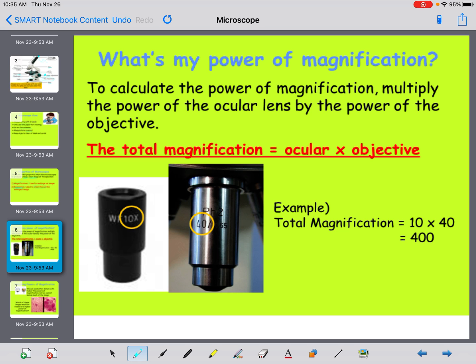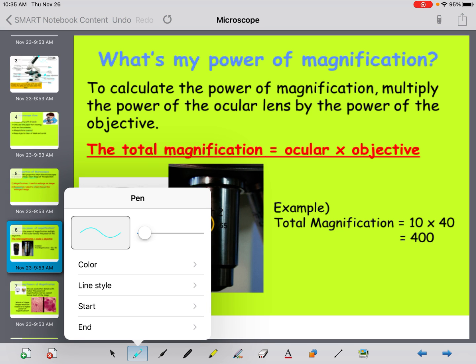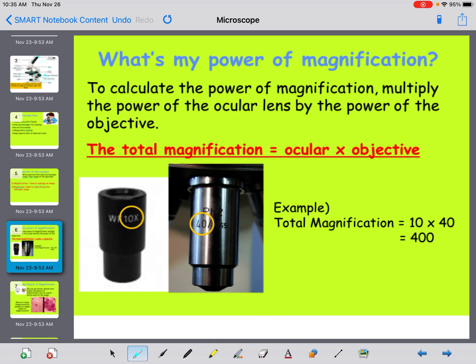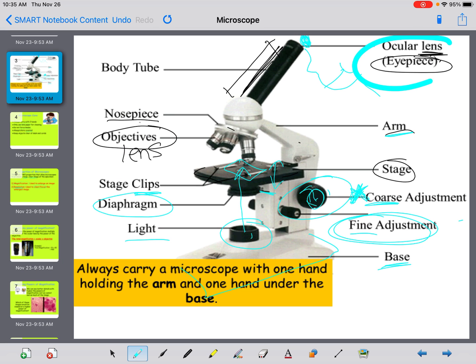So to calculate the magnification, remember that the microscope has 2 lenses, the eyepiece lens and the objective lens. To calculate the magnification, you take the eyepiece magnification and multiply it by the lens that you are using on the objective side.